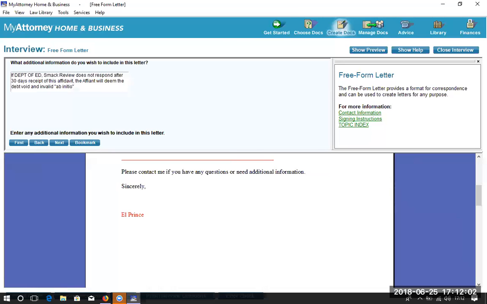And the affiant, let's also correct this, the affiant and the notary public signed herein will deem the debt void and invalid ab initio. All right.